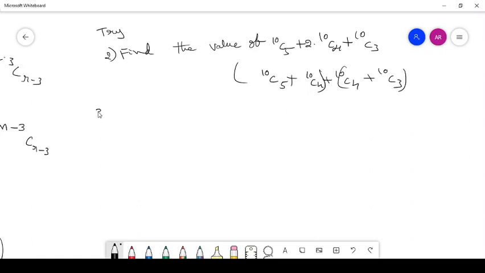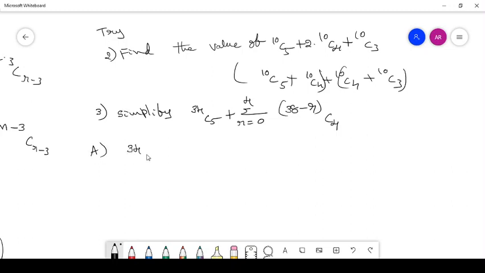Next question. This is also important. Simplify 34C5 plus sigma r is equal to 0 to 4, 38 minus r C4. Here first we are taking the LHS, 34C5 plus sigma r is equal to 0 to 4, 38 minus r C4. Sigma means summation, sum of the values.